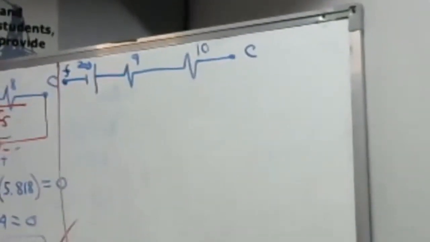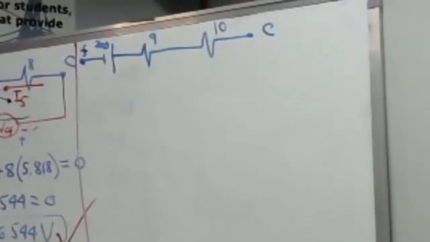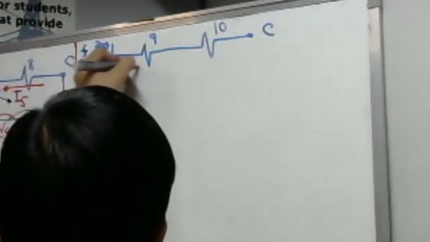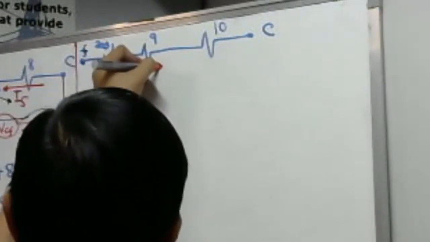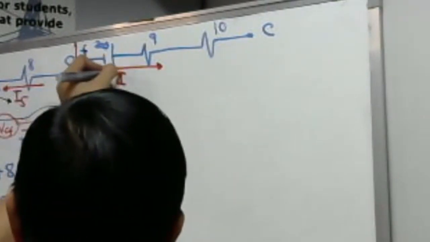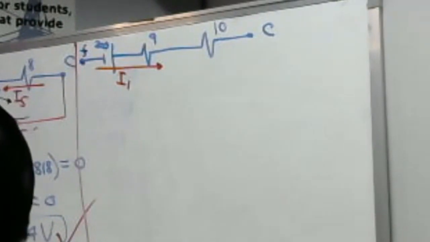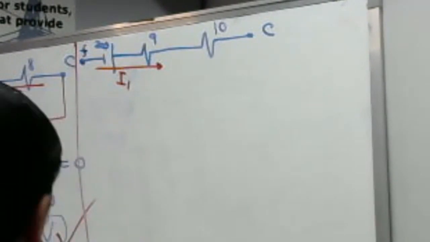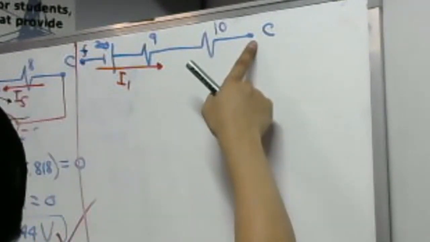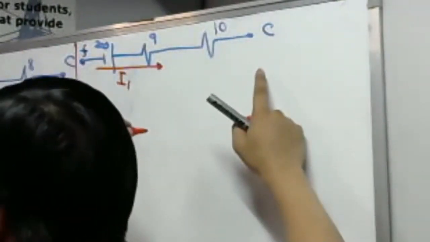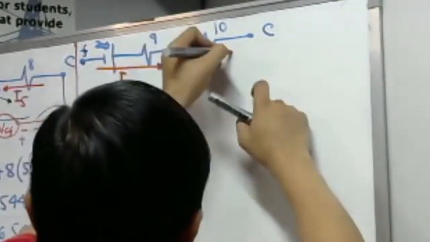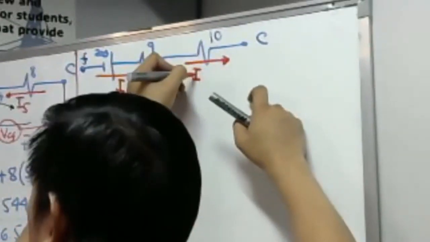Let us have our current. The current I sub 1 leaves on the positive of 200 volts, which is flowing in the 9 ohm resistor. This is our I sub 1. And our I sub 3 is pointing into point C. This is our point C. So if we are to trace, that will be our I sub 3.